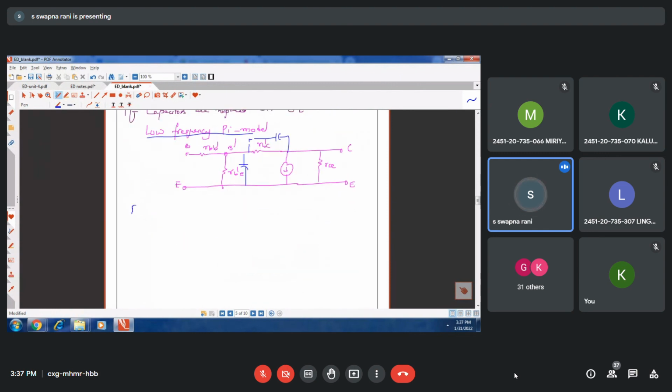So here, whatever the resistive components are there, these resistive components can be obtained from H parameters.